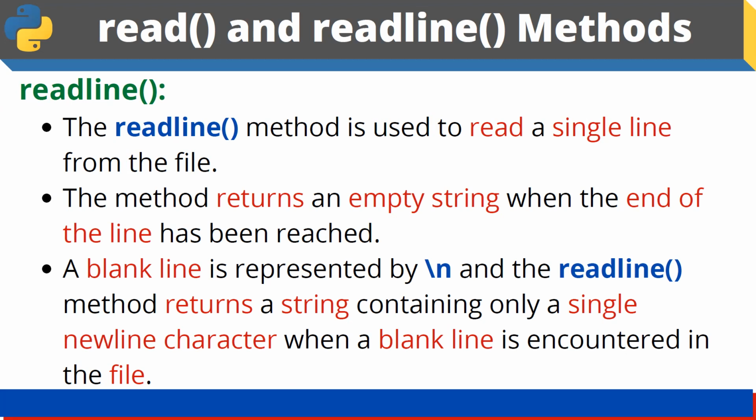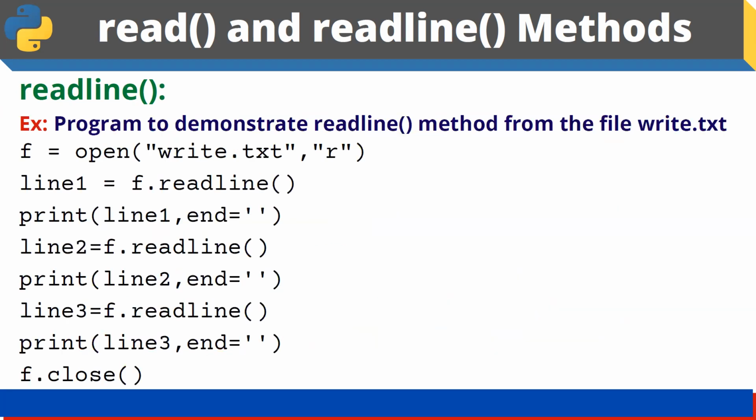A blank line is represented by \n, and the readline method returns a string containing only a single newline character when a blank line is encountered in the file. This is the example program, which demonstrates the readline method on the file write.txt.